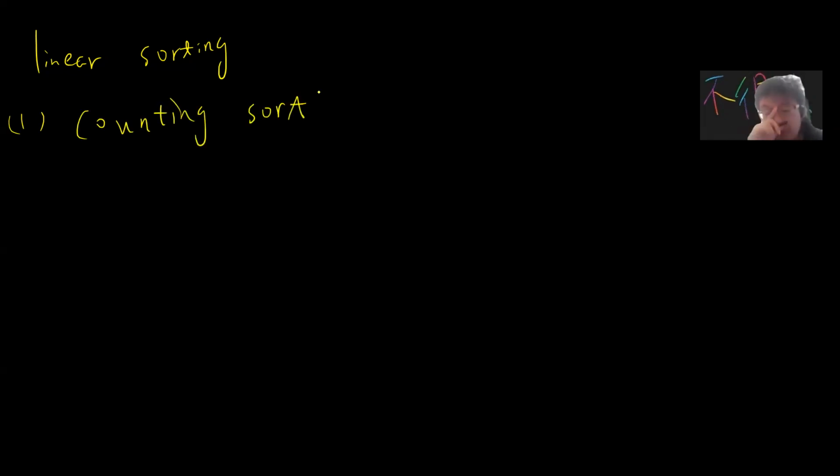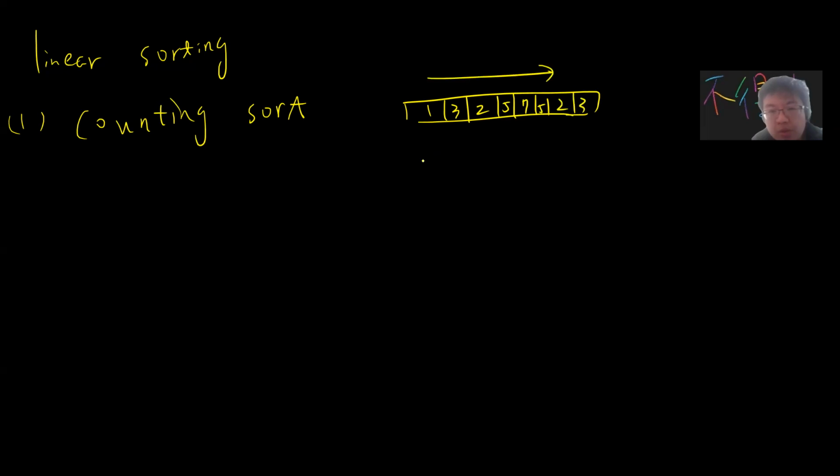Okay, so counting sort is very simple. You just imagine that you have an array, maybe 1, 3, 2, 5, 7, 5, 2, 3, and you go left to right and create a dictionary, where you just count how many of each. Originally you already know it must be from 1, 2, 3, 4, 5, 6, up to 7.